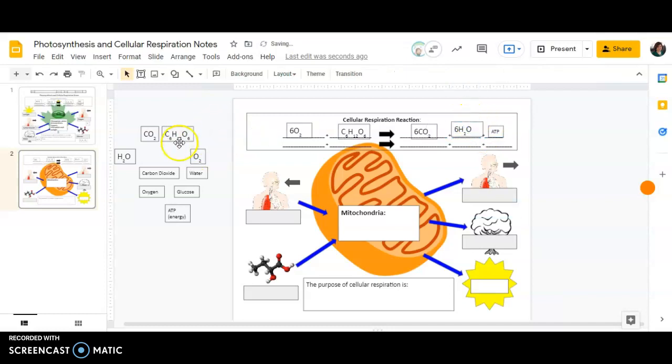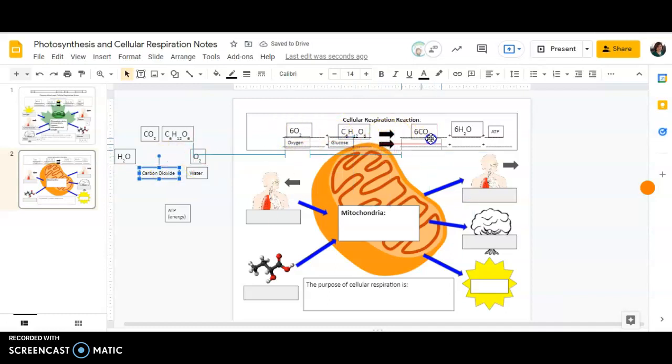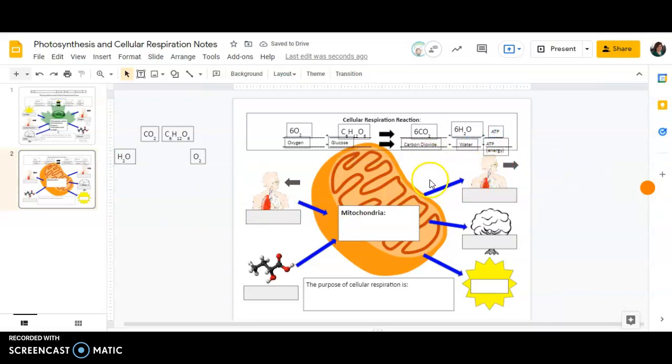So when we put this in words, we have oxygen and glucose, which is sugar, gives us carbon dioxide, water, and ATP, which is in the form of energy. Okay, so there's your equation in words. Make sure you get that down.